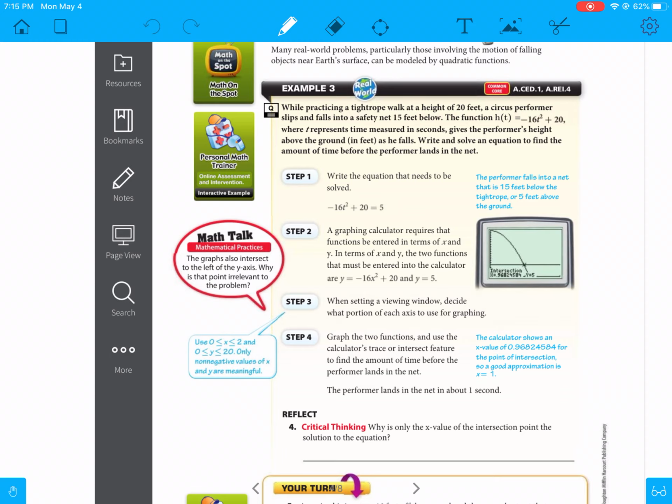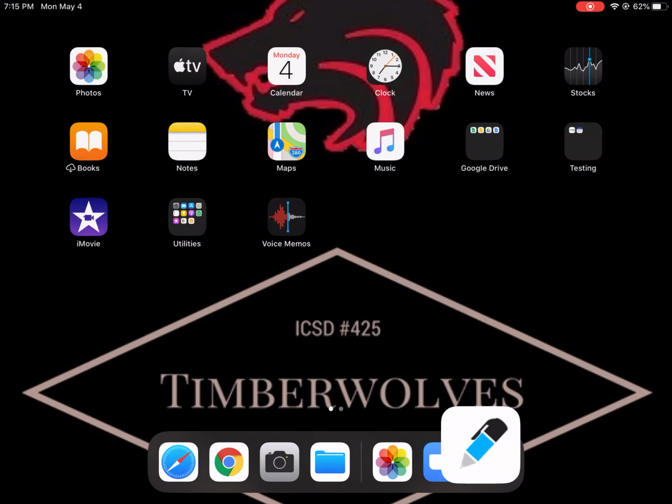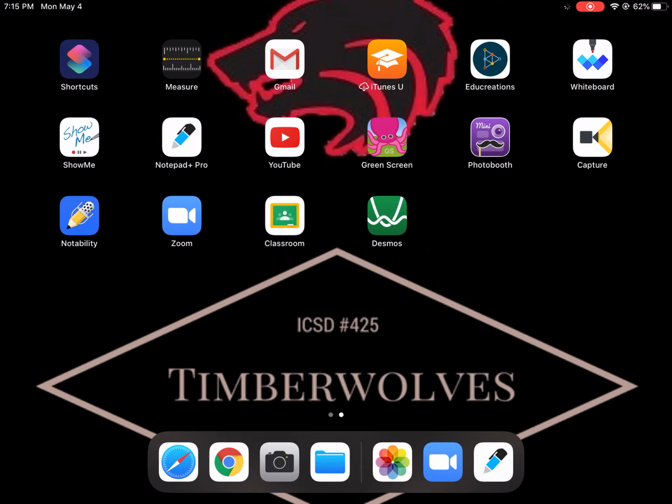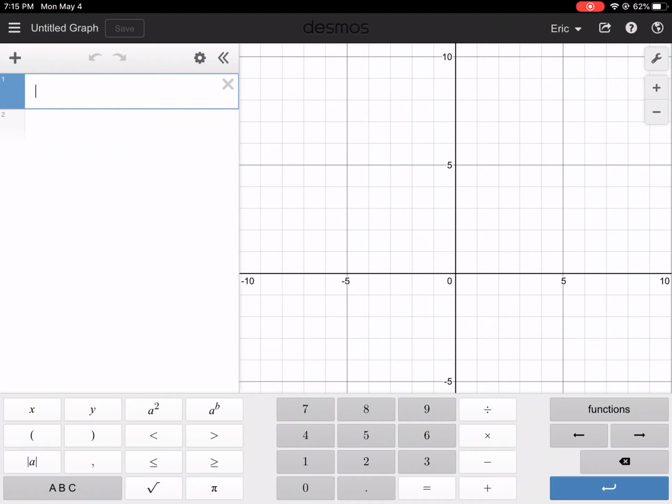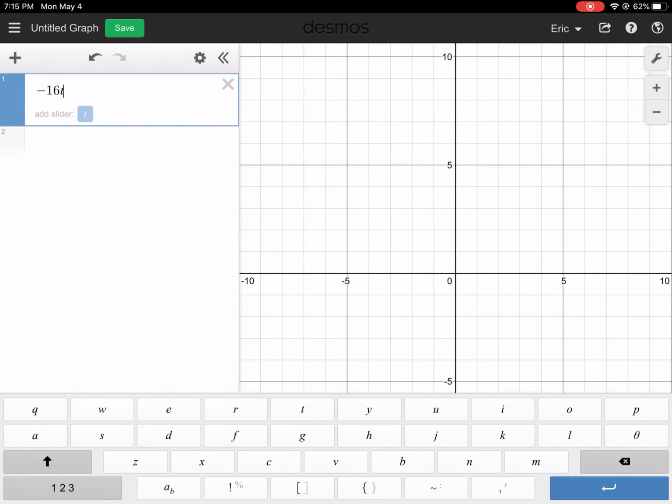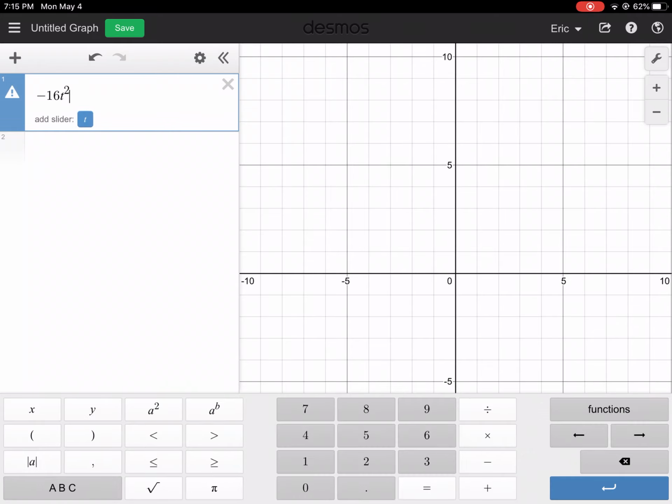So we'll go to Desmos and we have the equation for step 1. It says negative 16t squared plus 20 equals 5. So you can have negative 16t squared plus 20 equals 5.